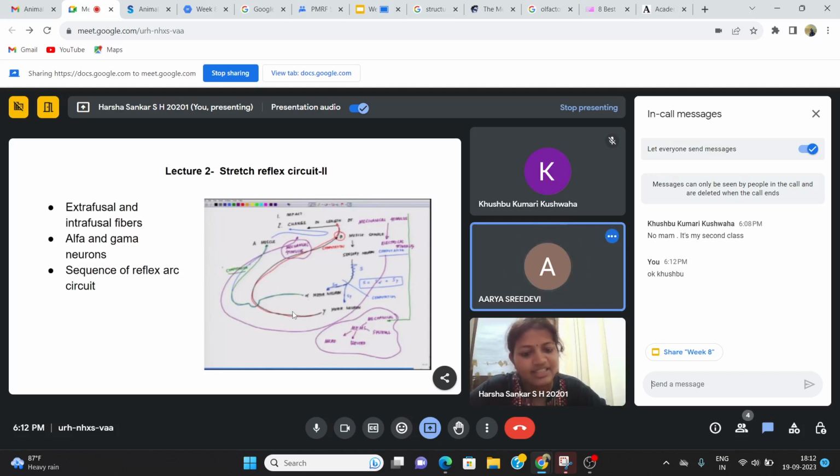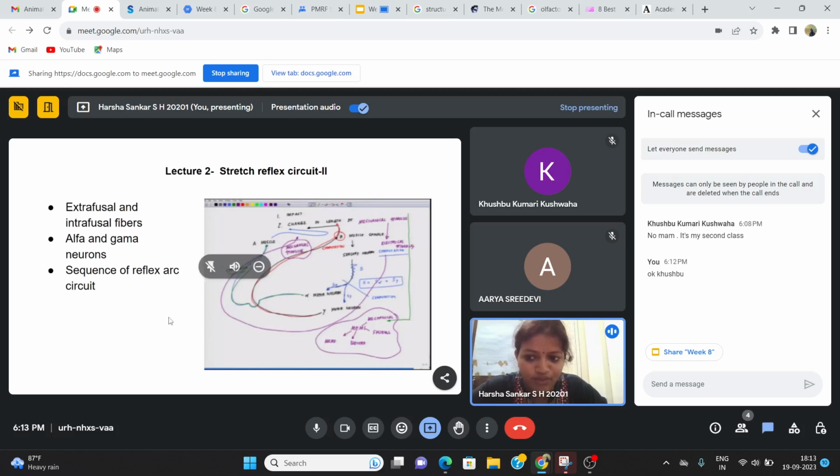Yeah, these are the sensors. We need to detect two types of changes, right? First is the impact, then the next change is the change in the length of the total muscle. That is mainly detected by the sensors. We always say sensors give that to the sensory neuron. So that sensor part is coming here. It's one of the important sensors, the intrafusal fibers.